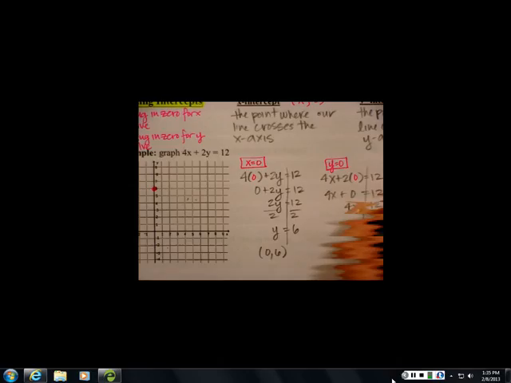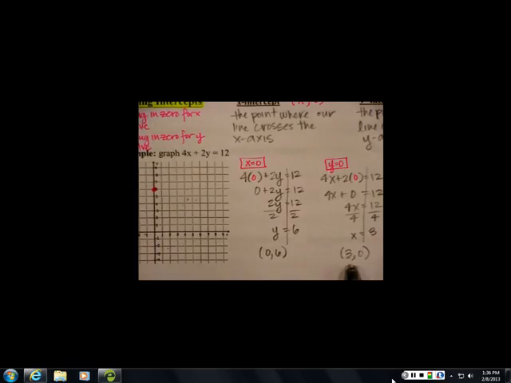Divide both sides by 4, and I find that x equals 3. That gives me the point (3, 0). In other words, when y equals 0, x equals 3. I can plot that point. I'm going to go right 3 spaces, and I'm not going to go up or down at all.